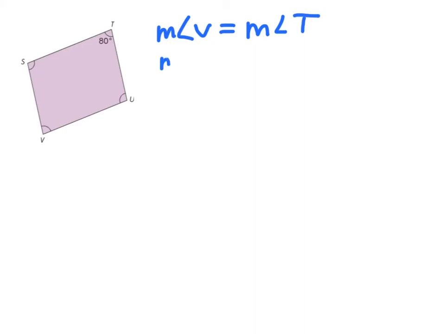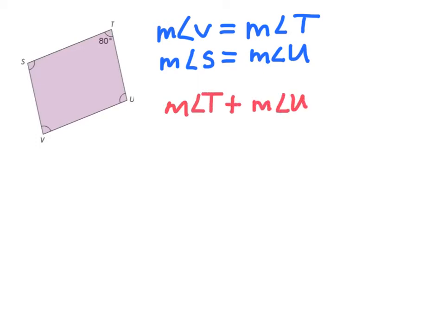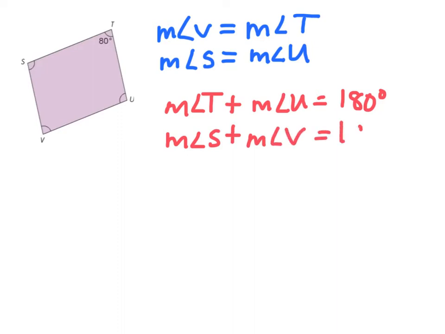Similarly, the measure of angle S will be equal to the measure of angle U, because they are opposite of one another. We also know that the measure of angle T plus the measure of angle U will equal 180 degrees, and that the measure of angle S plus the measure of angle V will also equal 180 degrees.